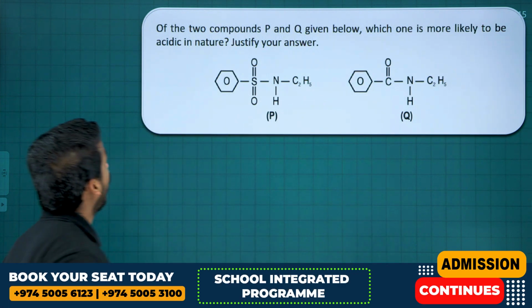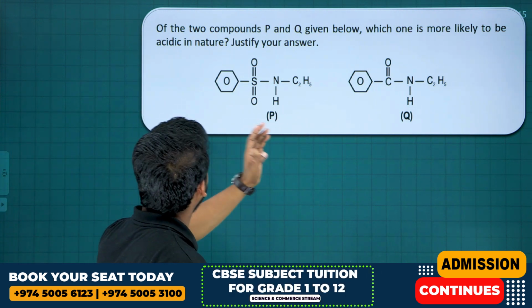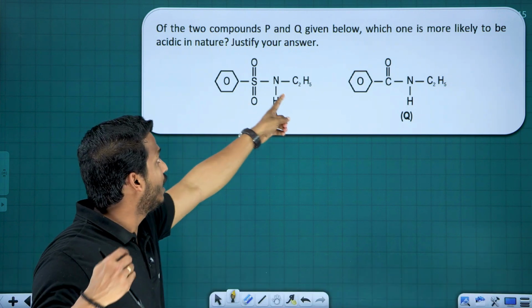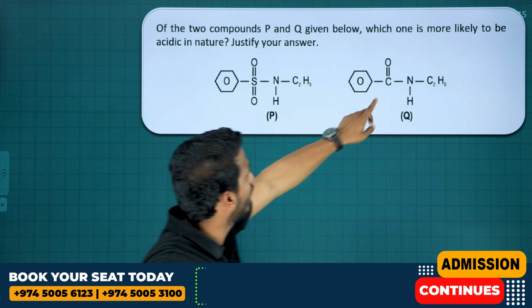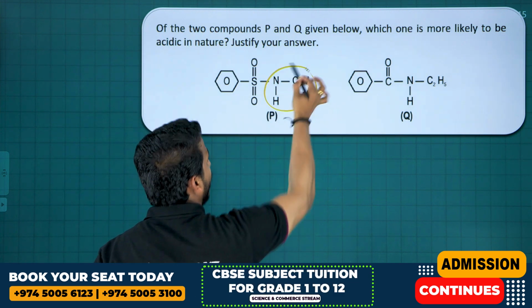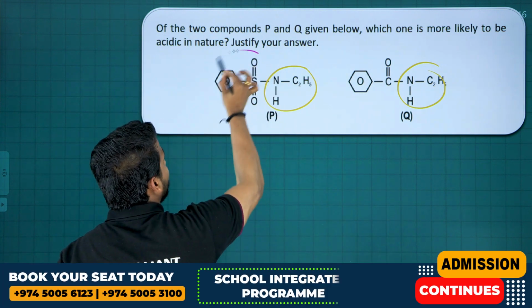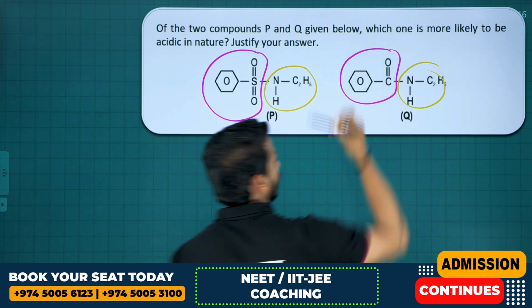Next question. Of the two compounds P and Q, which one is more likely to be acidic in nature? This is actually our amine reacted with benzene sulfonyl chloride. Okay, a carbonyl group is there. See, this part is the same, right? What is the difference here? This is the benzene sulfonyl part and this is a carbonyl part.